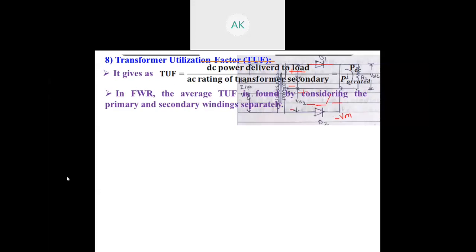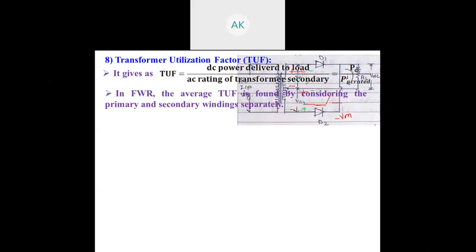Now let's consider the negative half cycle. During the negative half cycle, what will this terminal be? This terminal will be positive. This terminal will be negative.